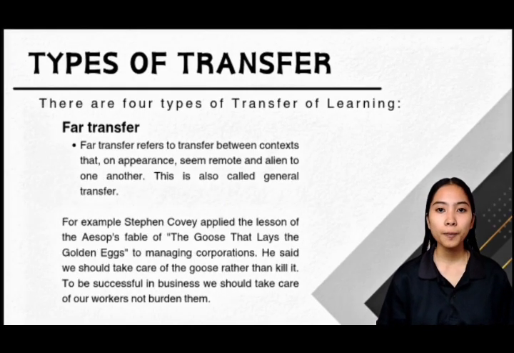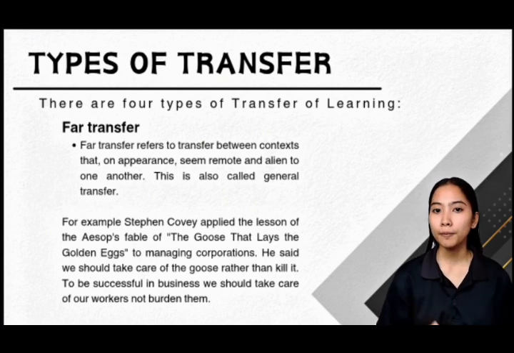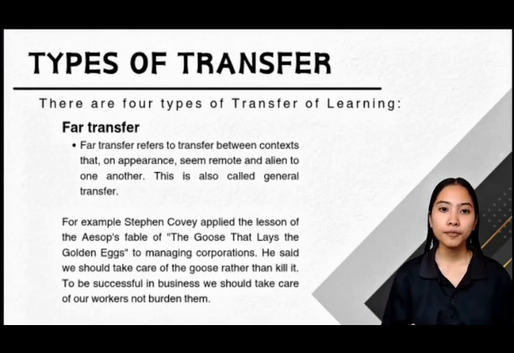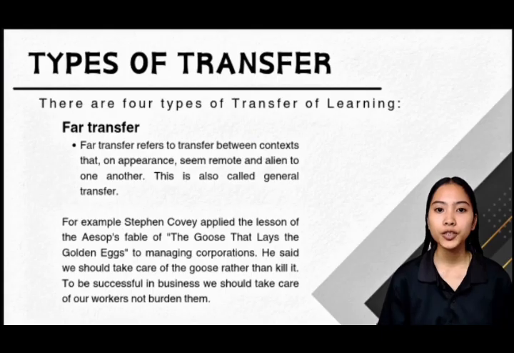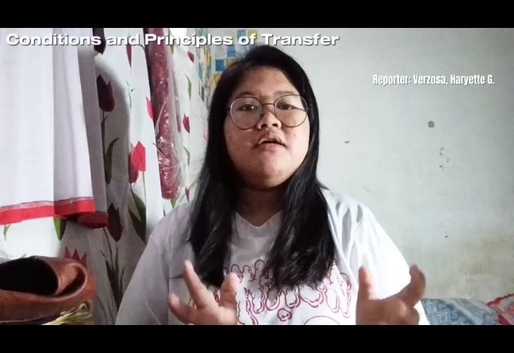Far transfer happens when learning is applied to very different or remote contexts. For example, Stephen Covey applied the moral lesson of Aesop's fable, the goose that laid the golden eggs, to the management of organization. That's all for my part.